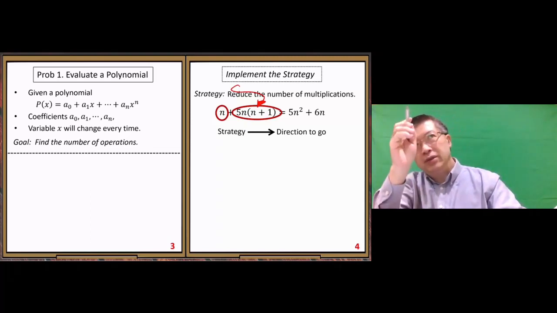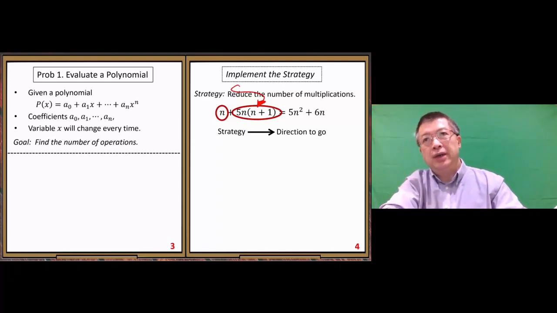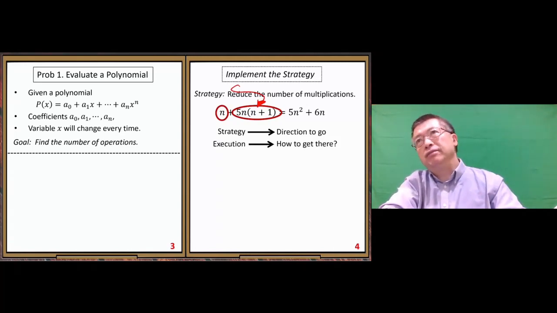So what you are going to do. Execution tells us how to get there. The details, implementation detail, how to get there. You need to know that also. Otherwise, you cannot get there. So these two parts are both important.